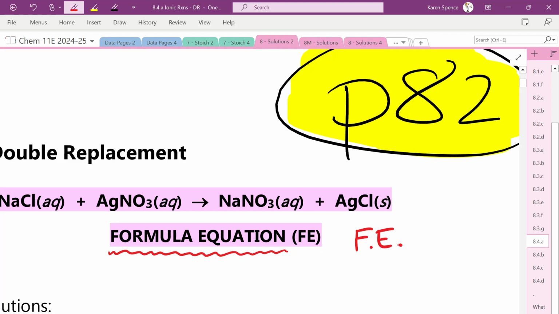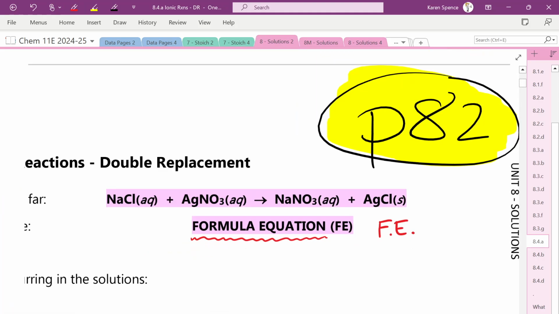The problem with the formula equation is when we write NaCl, it looks like the Na is together with the Cl. And the AgNO3, it looks like the Ag is together holding hands with the NO3.